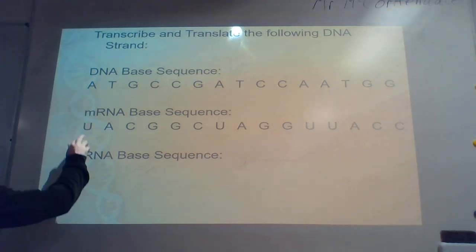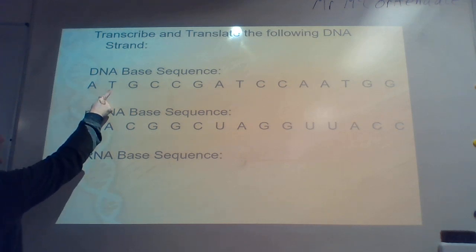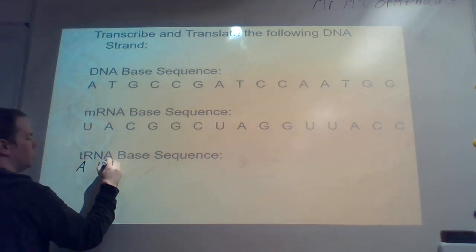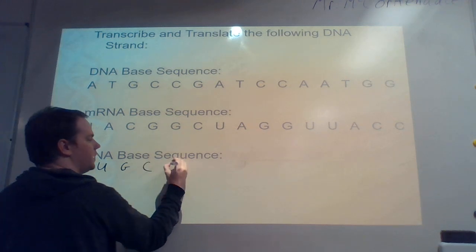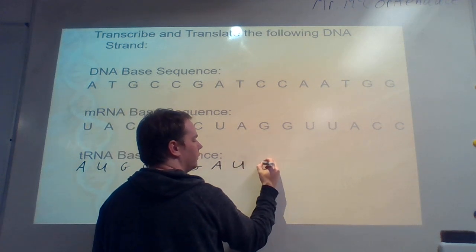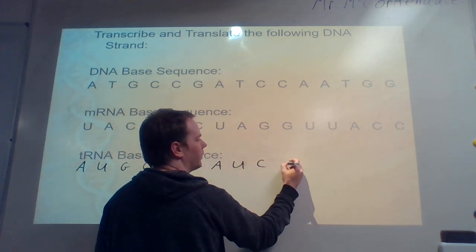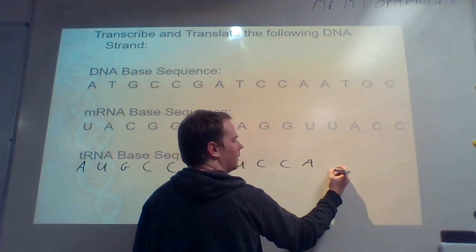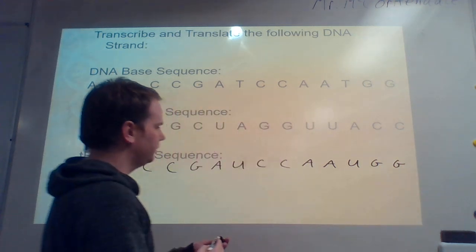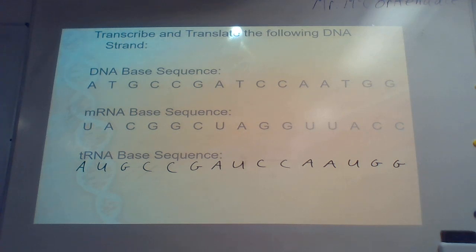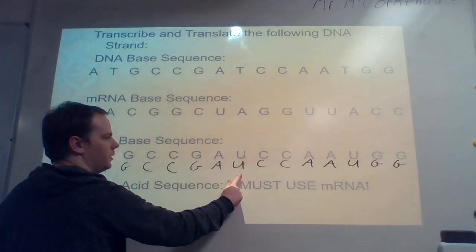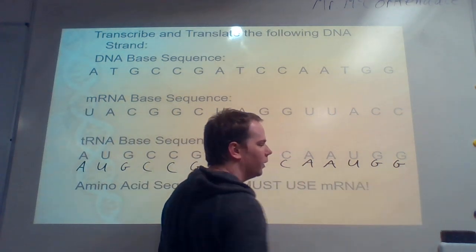Again, we have U and A instead of T and A. So U would become A, then U, G, C, C, G, A, U, C, C, A, U, G, G. And again, A, U, G, C, C, G, A, U, C, C, A, U, G, G. Cool. I'm getting this.